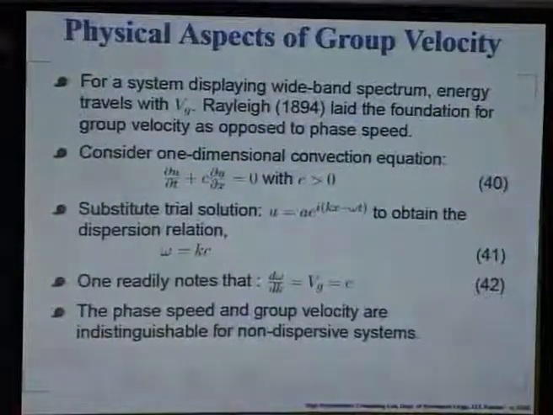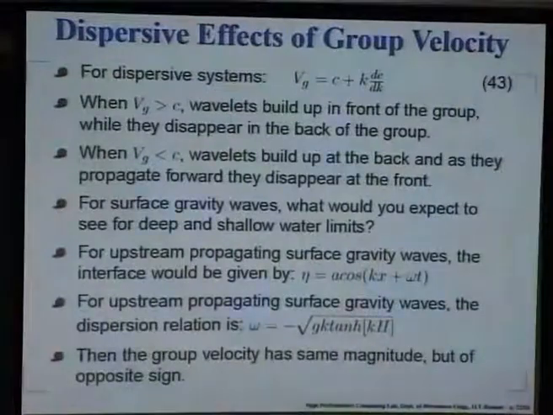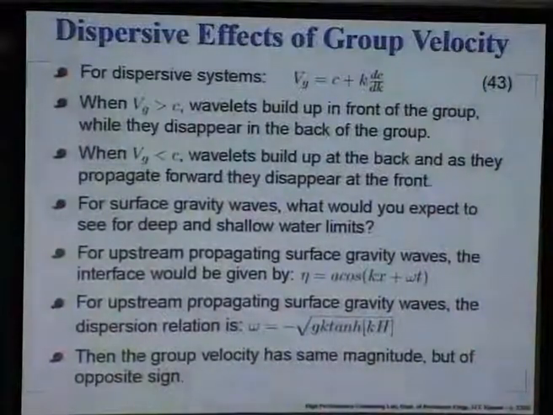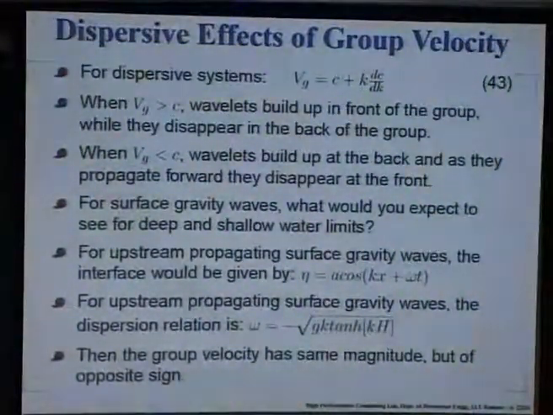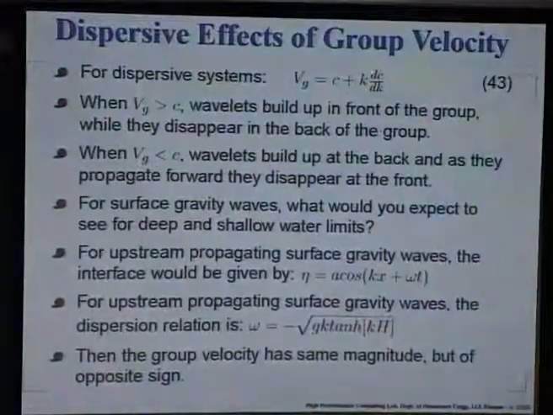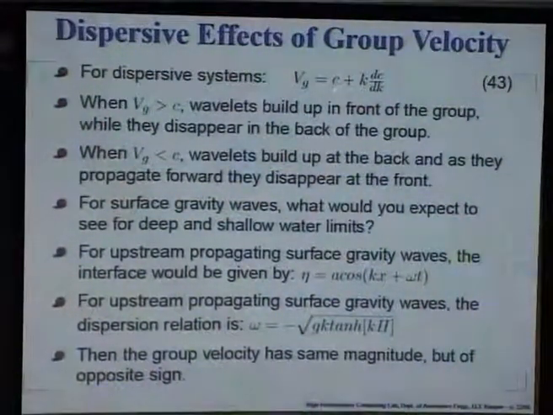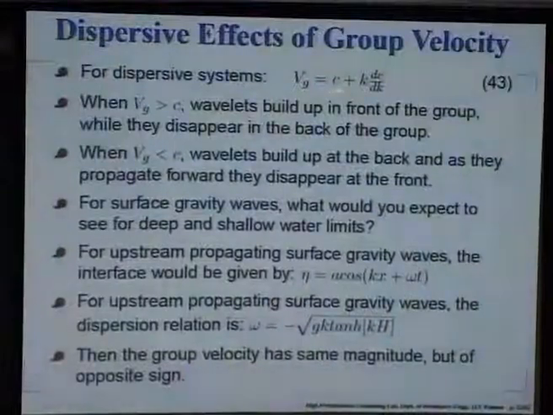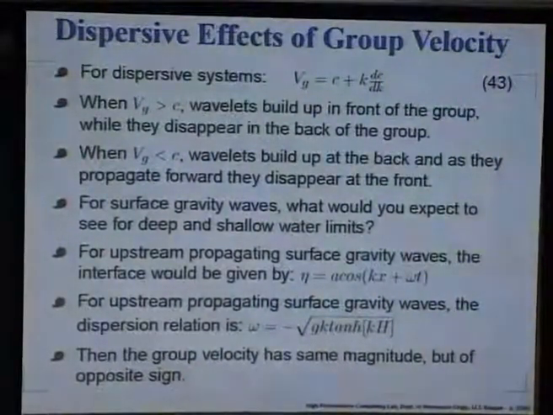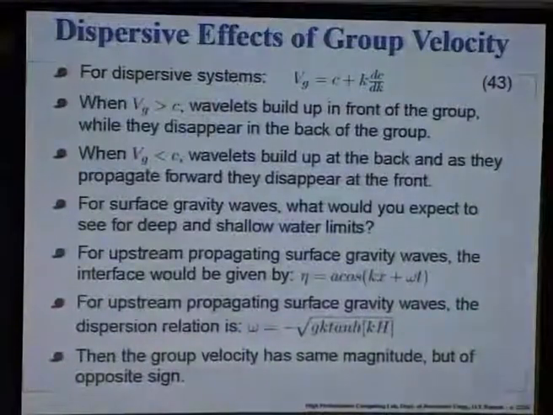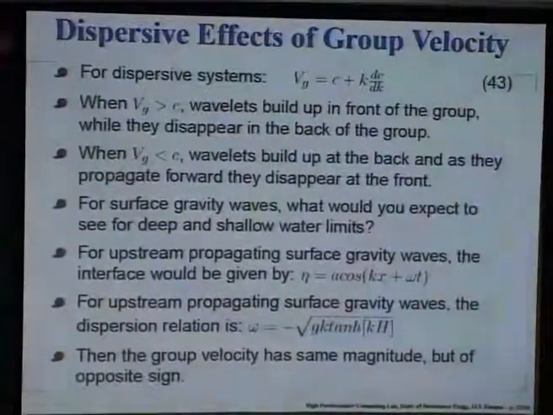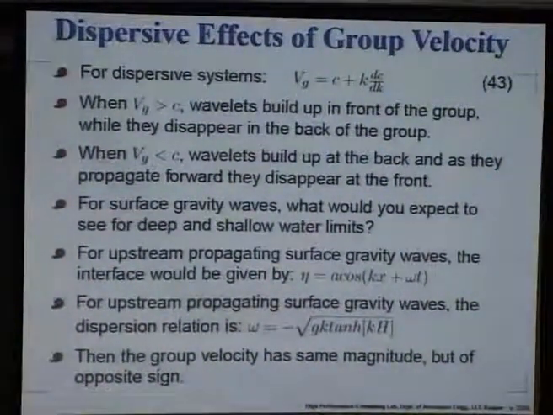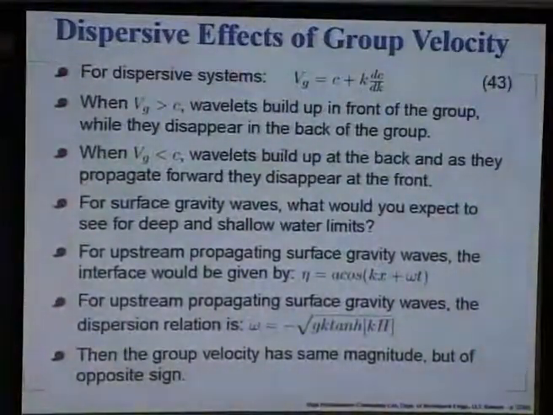This is a property of non-dispersive systems. In a large number of situations, including surface gravity waves, Vg is not equal to c, because the phase speed itself is a function of k, and this derivative is non-zero, making Vg different for different k. In consequence, an initial impulse given to the system fragments into various components traveling at their own group velocity, and you see different k components going at different speeds.